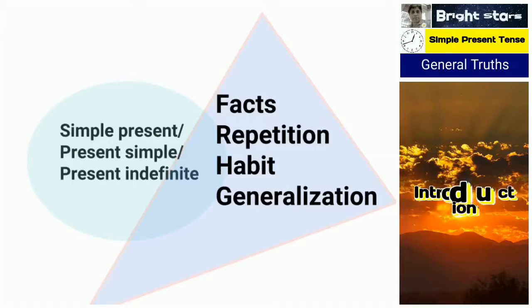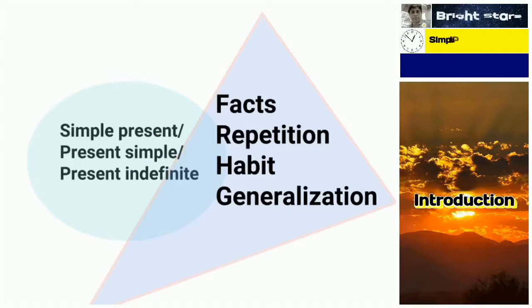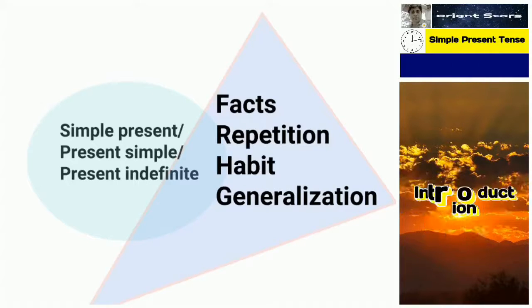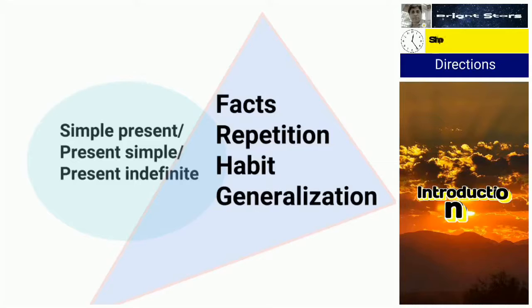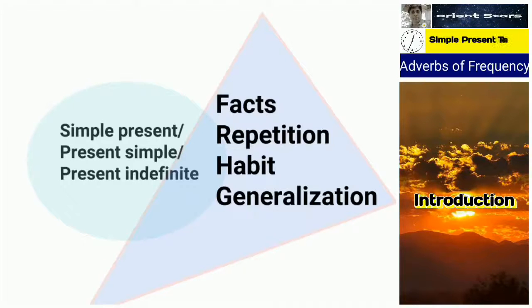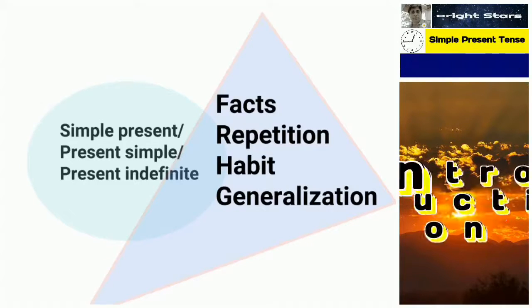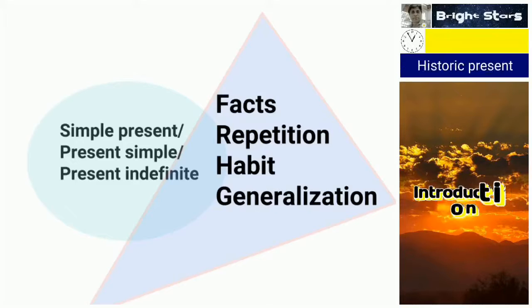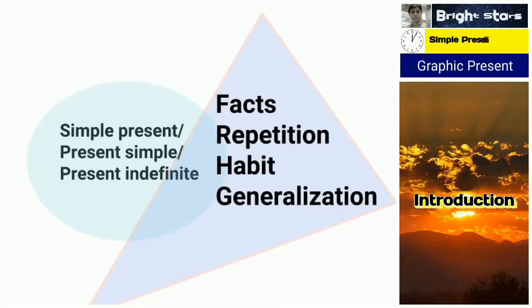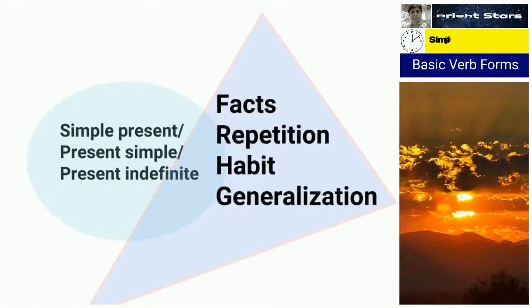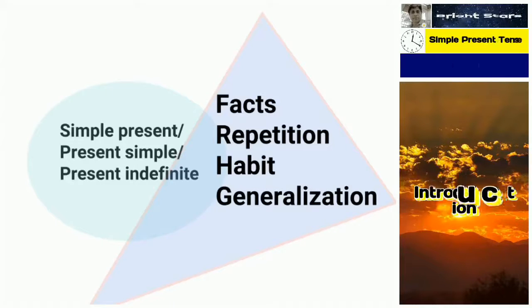Simple present tense is also called present simple or present indefinite. It is the tense which talks about facts, repetition, habit, hobbies, generalization, universal facts, universal truth, and also fictional present, graphic present, like that.